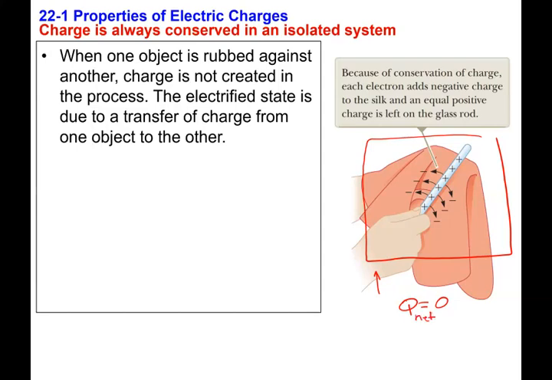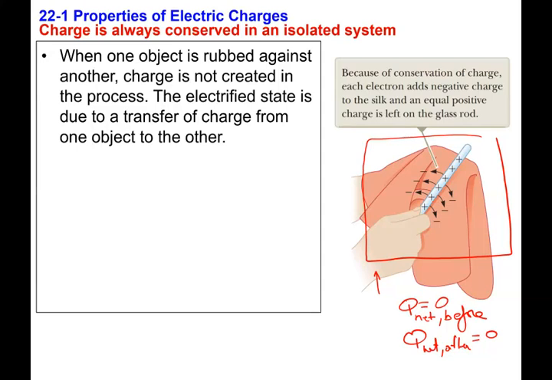After you rub them, and you add up the net charge, so this is before, the net charge after is also going to be 0. So basically, if you end up with 100 electrons on the rod, for example, or 100 electrons on the plastic, or let's say in this case, you have 100 electrons on the wool, you will have 100 missing electrons from the rod in this case.